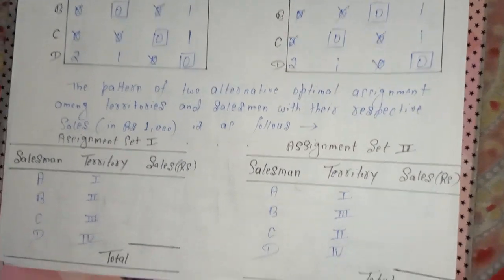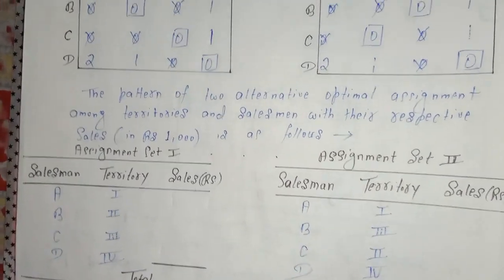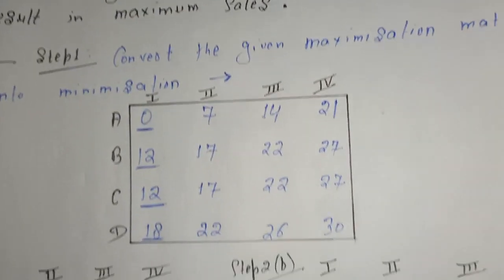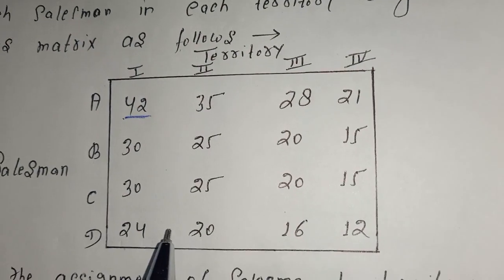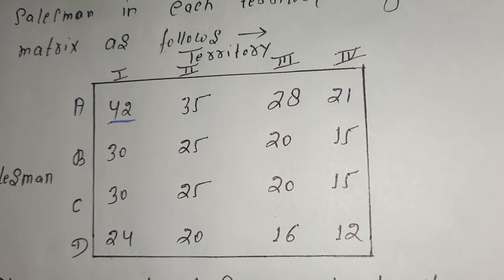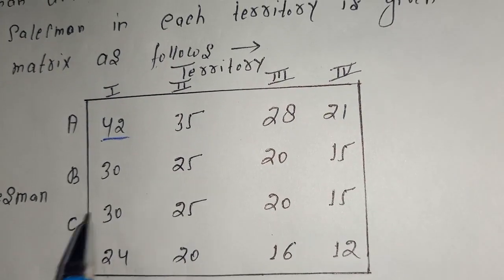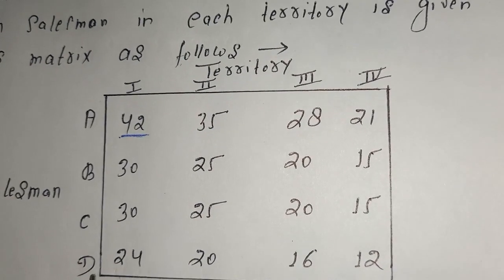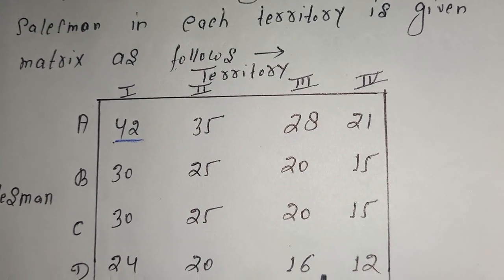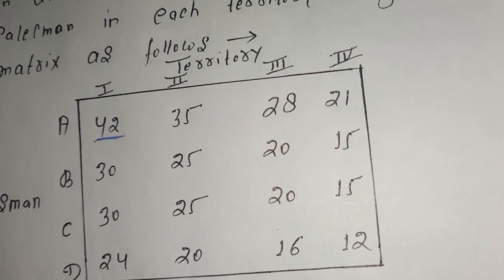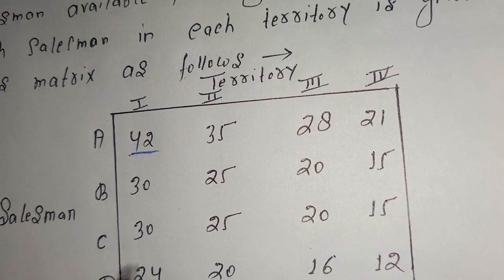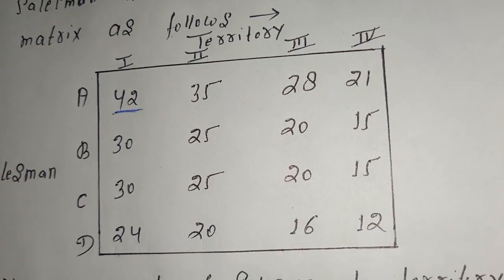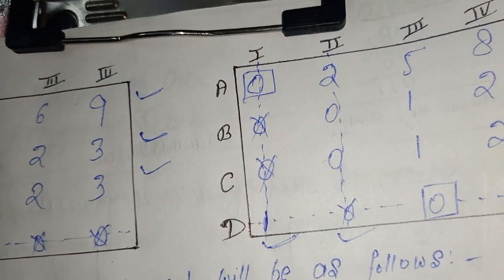Now the corresponding values will be searched in the original table as follows. Just check this table. This is the original table. A first 42, B second 25, C third 20, and D fourth 12. This is the first pattern. Second pattern is A first 42, B third 20, C second 25, and D fourth is equal to 12. So write it down in the set.